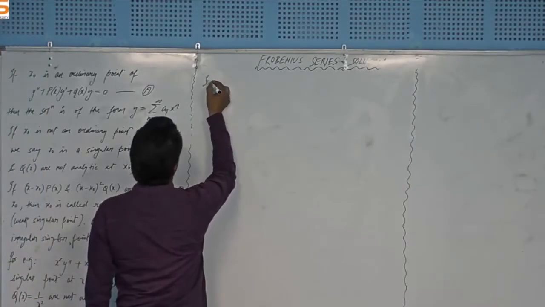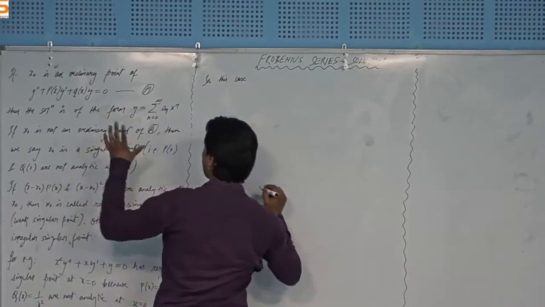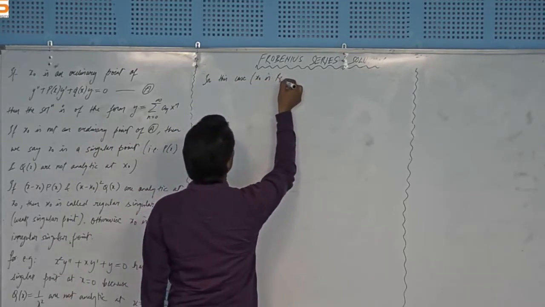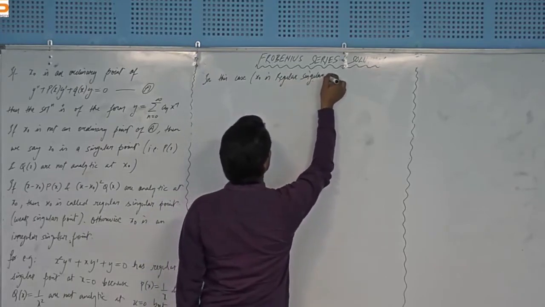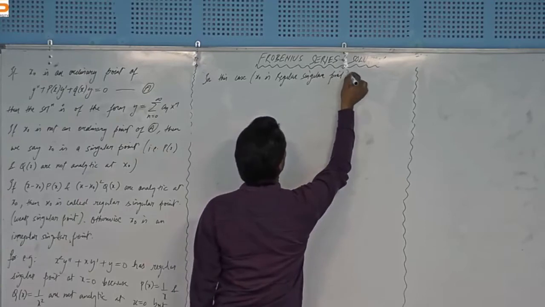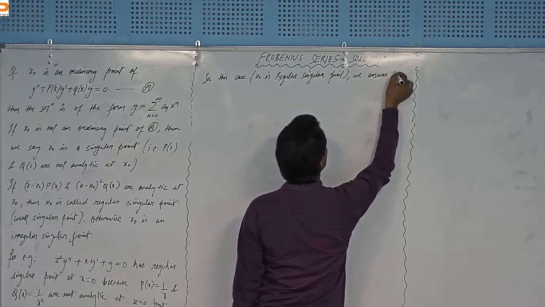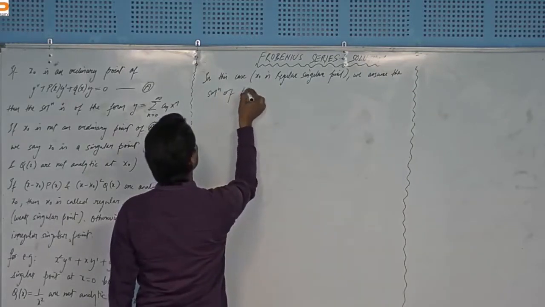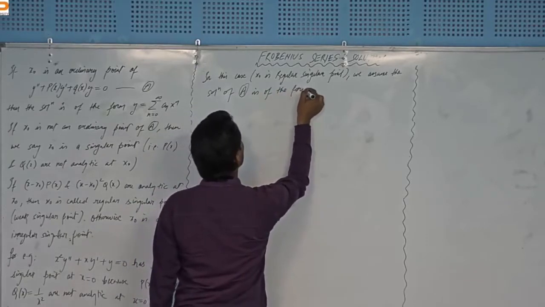So in this case, when x naught is a regular singular point, we assume the solution of equation number A is of the form.